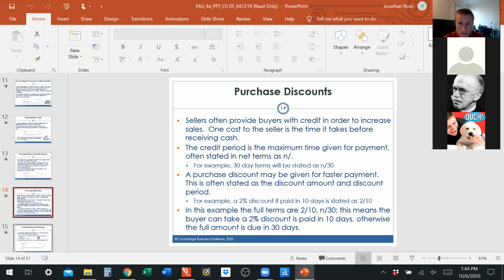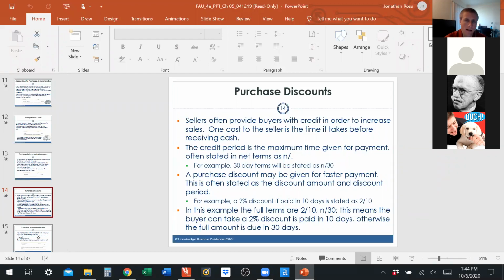We talked about a purchase discount. It's just a simple reduction of the purchase price that the seller gives the buyer in order to increase sales of normal working products, not to increase sales of products that have some defect. That's a purchase allowance. So the credit period is the maximum time that the seller gives the buyer to pay for the item.